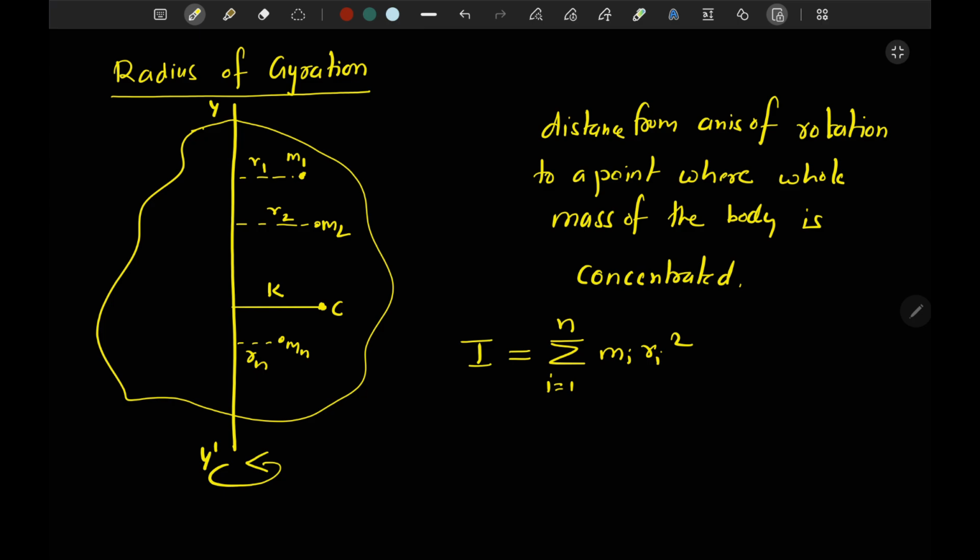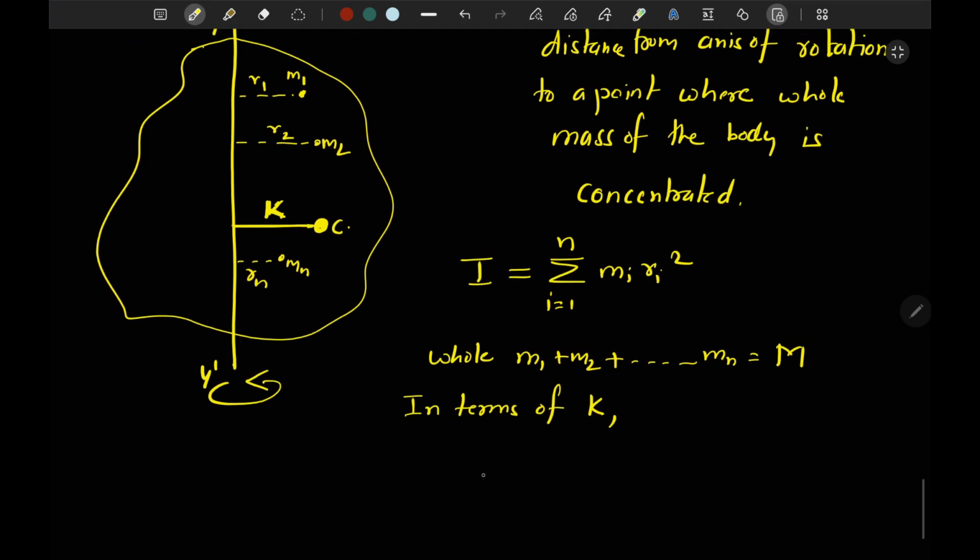But from the concept of radius of gyration, if the whole mass, that is m1 plus m2 plus the sum of all the masses of which this object is made, total mass M, is concentrated at point C at a distance k from the axis of rotation, then in terms of k, the moment of inertia will be total mass into square of the distance of that point where the mass is concentrated.